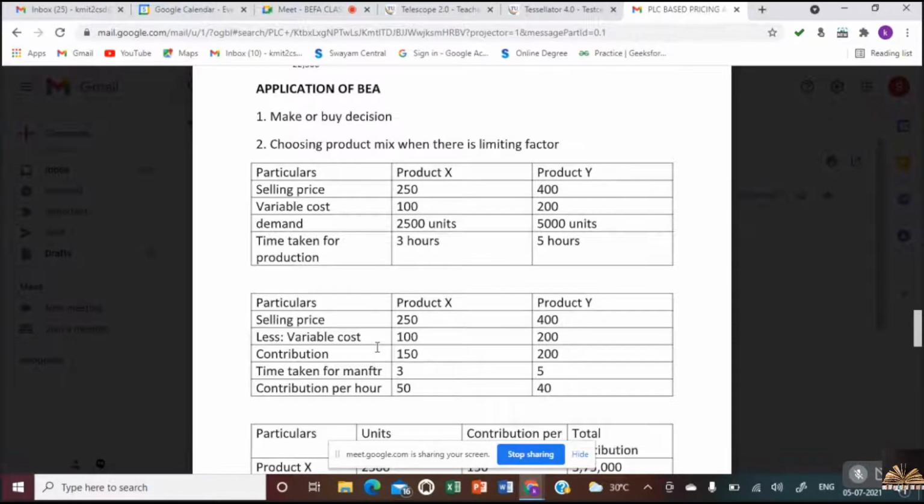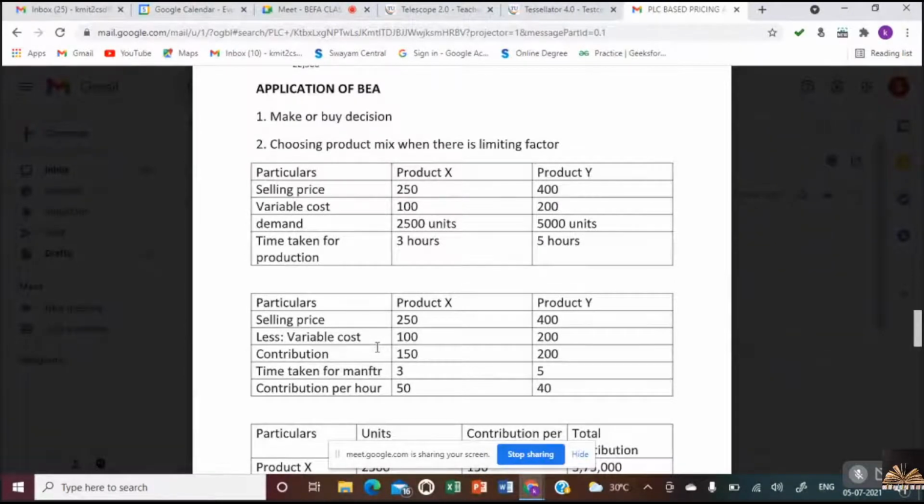Annual fixed charges are 50,000 per year. It can produce two products, product X and product Y.